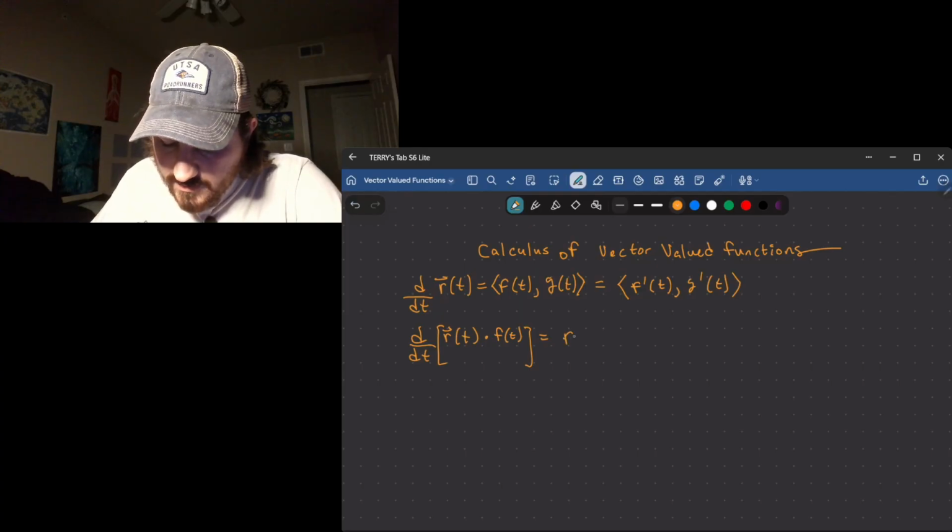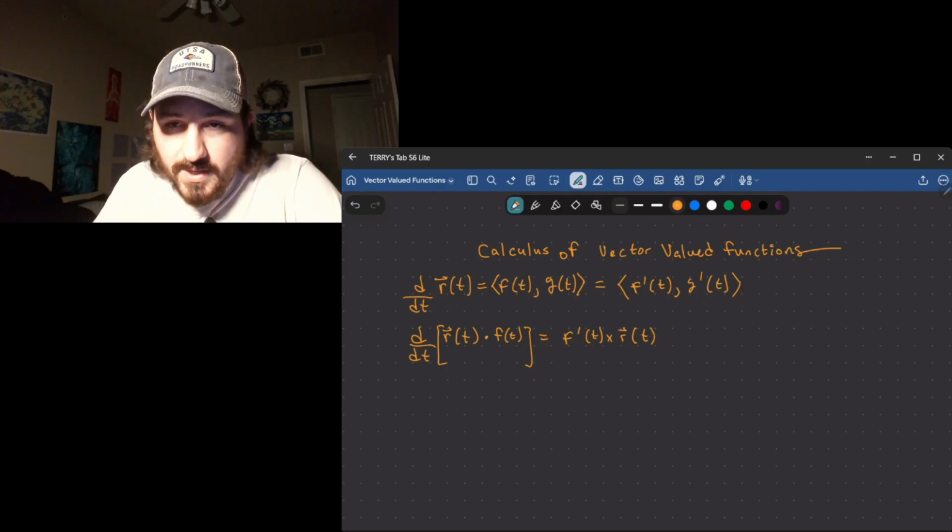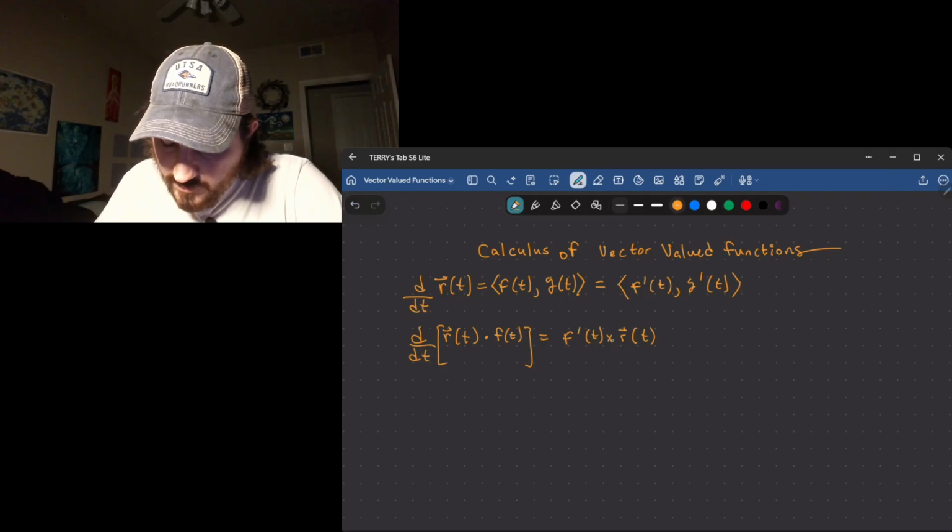So in this case, we could take f prime of t and then multiply that across r of t. Now, keep in mind, this f of t is not a vector, so this is not a cross product or a dot product. This is scalar multiplication of a vector. So f prime multiplied into r of t, and then plus just regular f of t multiplied into r prime of t, right? Works out just like we think.